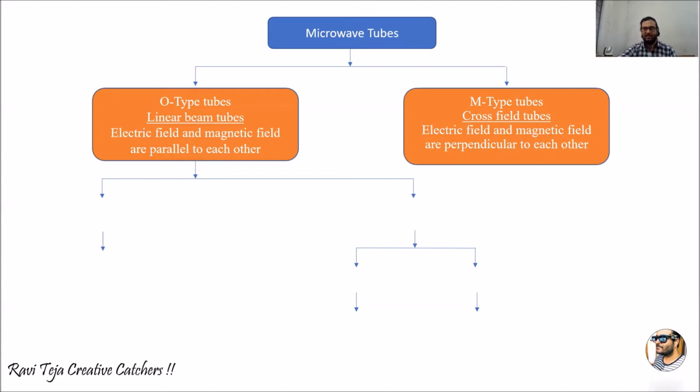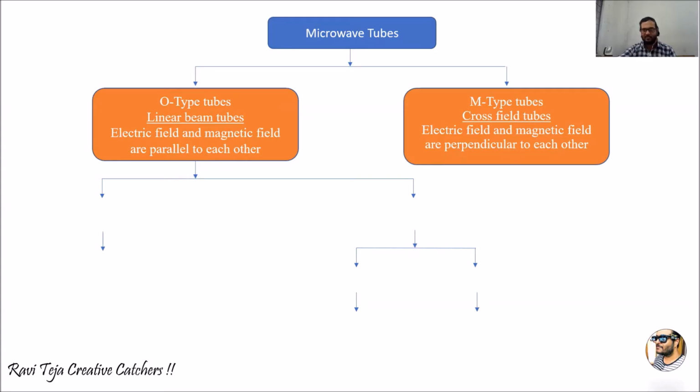Here, the electric field and the magnetic field are perpendicular to each other. So we can see the difference between the two tubes.